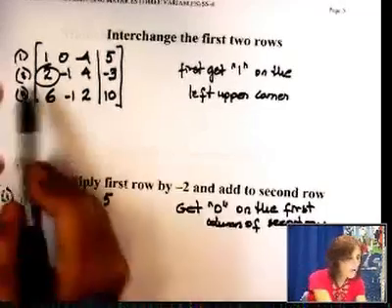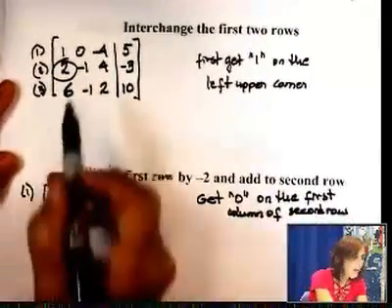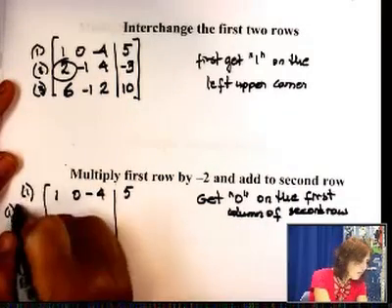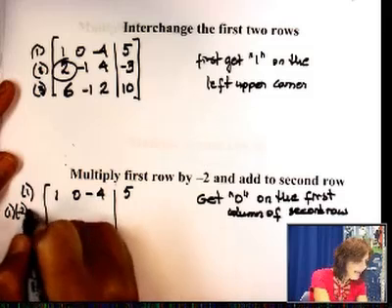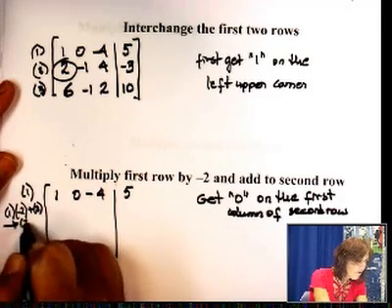But what I'm going to do, I'm going to take the 2, and I'm going to take the first row, multiply it by -2, and add it to the existing second row, and put that in the second row.